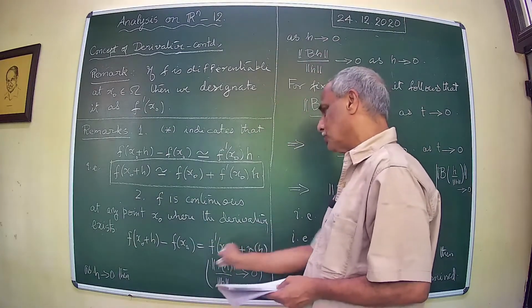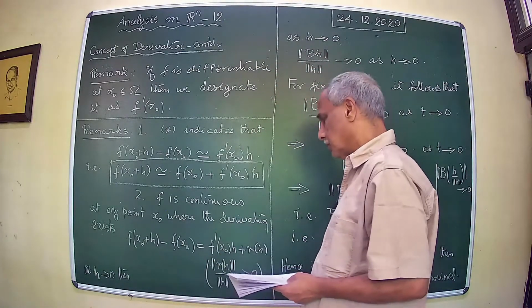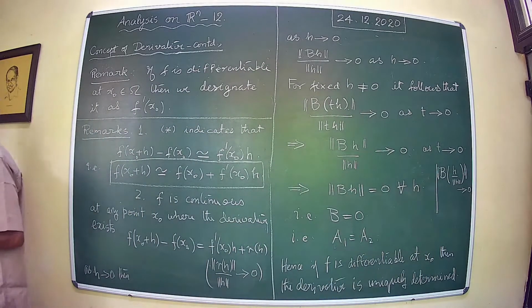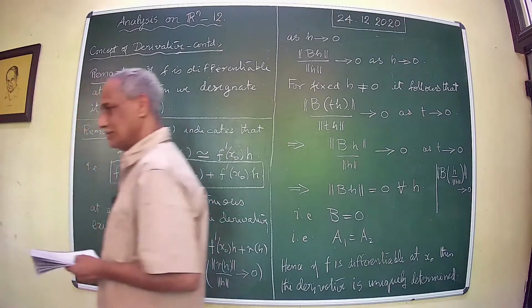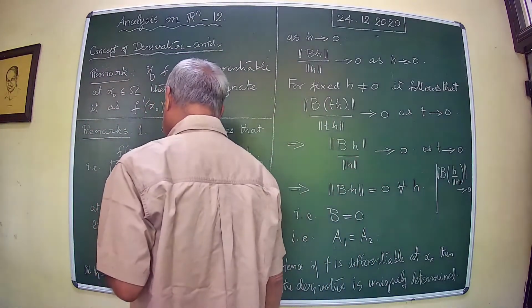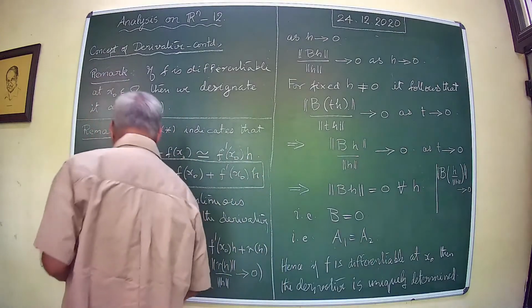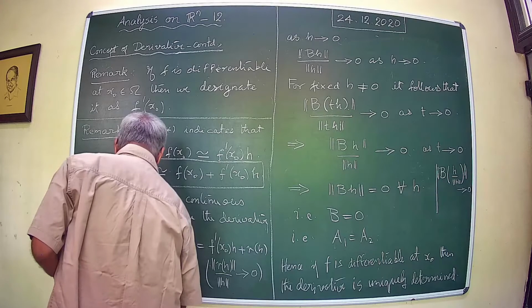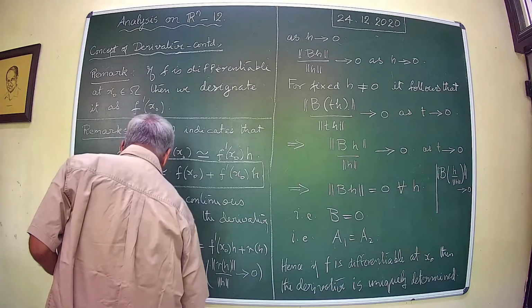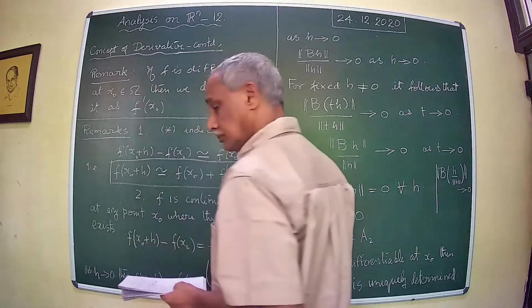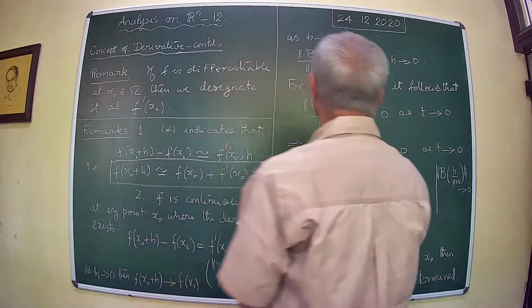Okay, so this goes to 0, because all linear transformations from Rn to Rn are bounded linear transformations, as h tends to 0.